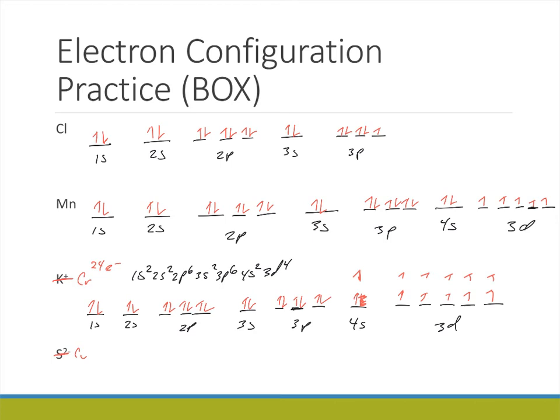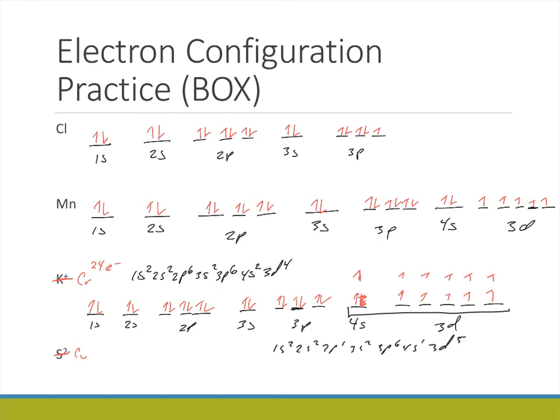The electron configuration really is then going to be 1s2, 2s2, 2p6, 3s2, 3p6, 4s1, 3d5. It is much more energetically favorable for each of these to be half filled.